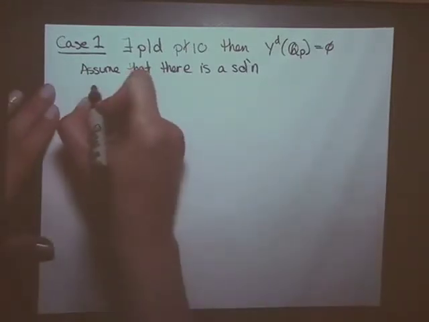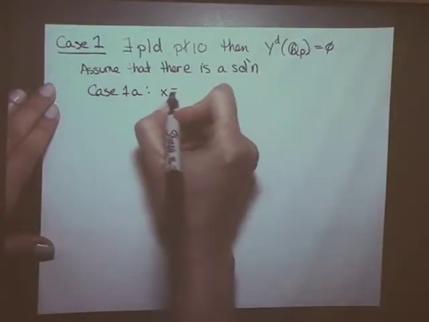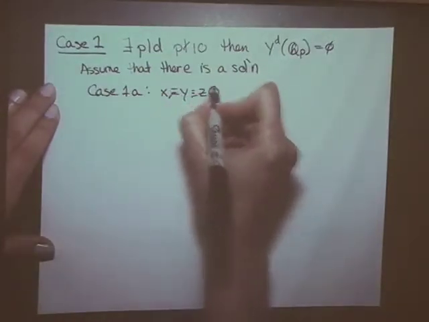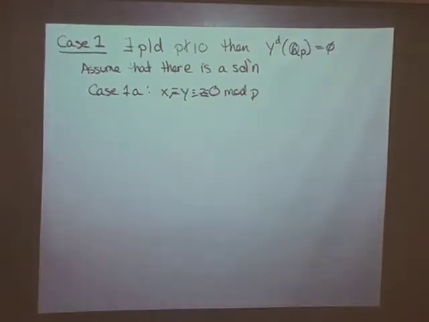This is case 1A. Well, then this side is 0 mod p squared. So this has to be 0 mod p squared. That means that s squared minus 5t squared and u squared have to be 0 mod p. And then all of them are 0 mod p, a contradiction.